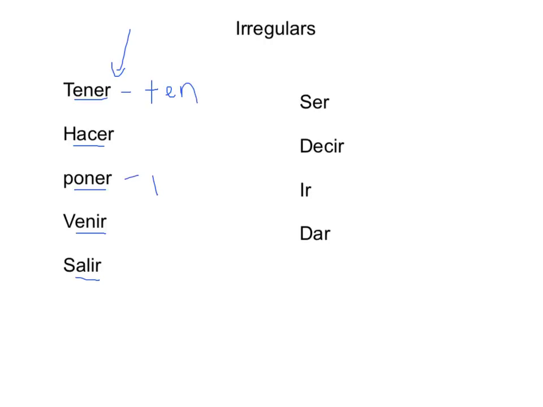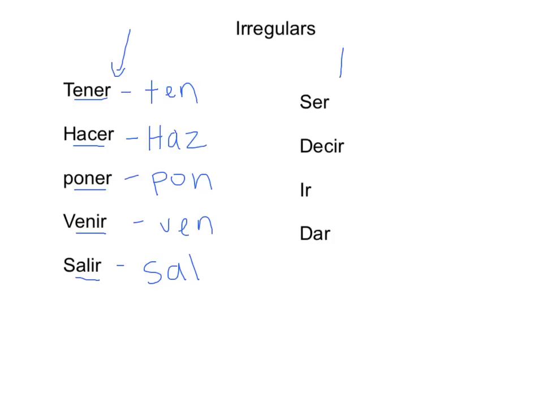Ten, pon, ven, sal. For hacer, if we just took off the ending, it would be pronounced ak. We don't want it to be pronounced ak. We want it to be pronounced as. Hacer, as. So this is just a spelling change.